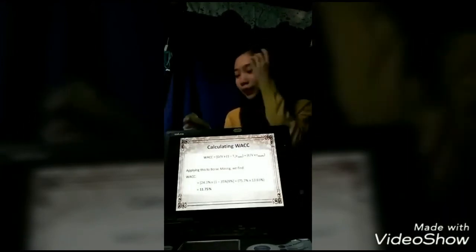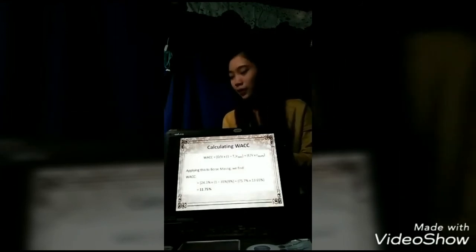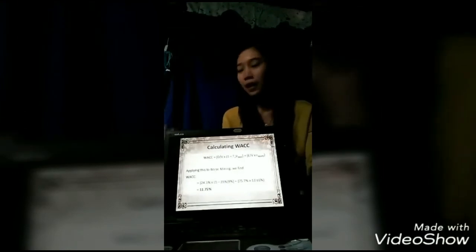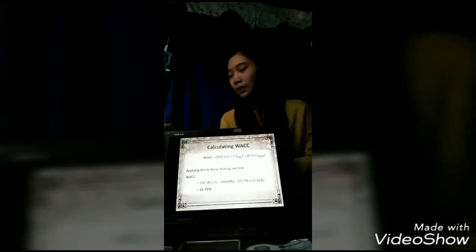So applying this to Borac Mining, we have 24.3%, which is the debt, and then 1 minus 35%, which is the tax rate, and 9% for the cost of debt. And the 75.7% is the equity or the common stock times the cost of equity, which is 13.65%. So computing that, we'll have 11.75%, which is the weighted average cost of capital in Borac Mining.